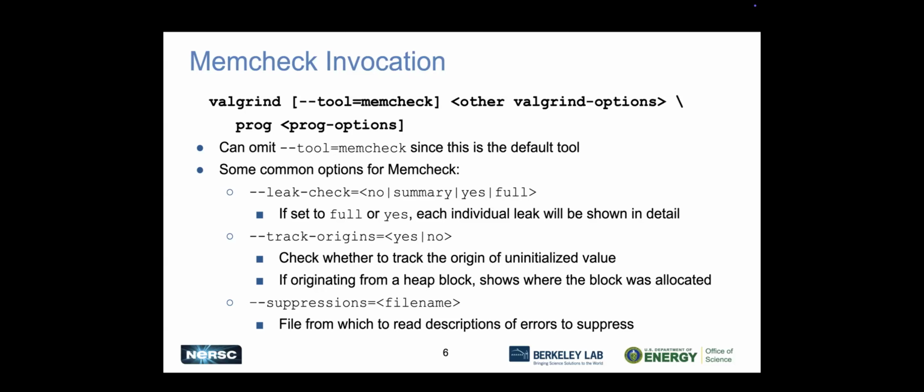If --leak-check is set to full or yes, you can show the detail about the memory block that was reported as leaked, like call stack traces. And if we use --track-origins=yes, then you can actually show where the memory block was allocated. Again, it shows the call stack trace here.